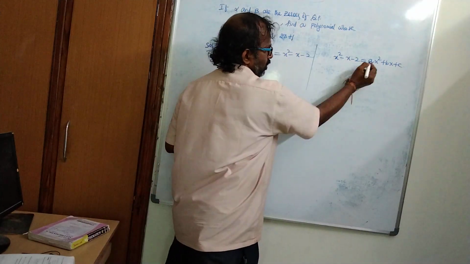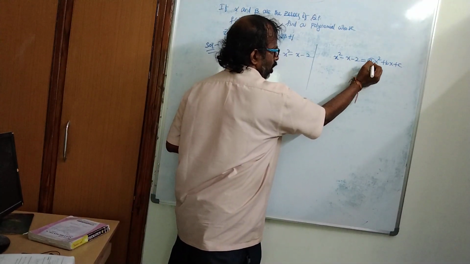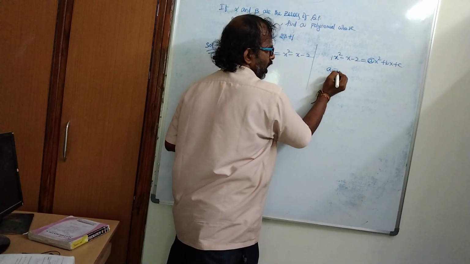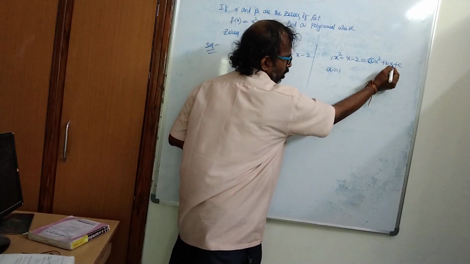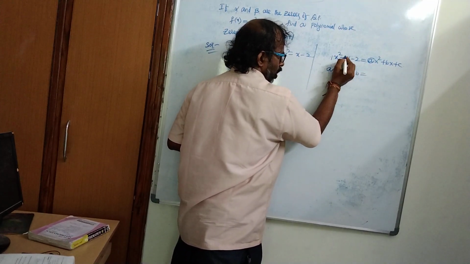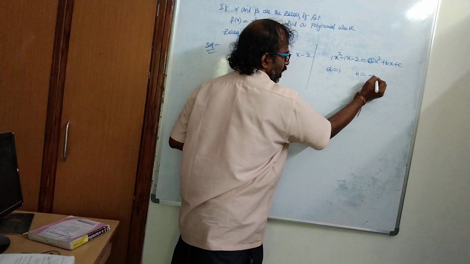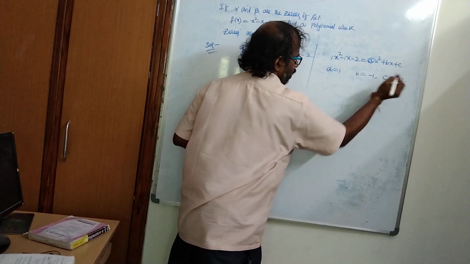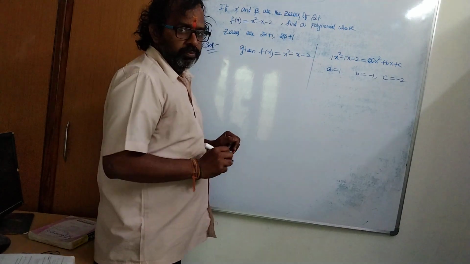Here a is the coefficient of x square, and here the coefficient of x square is 1. So a is equals to 1. Here the coefficient of x is b, and here the coefficient of x is minus 1, and c is minus 2.